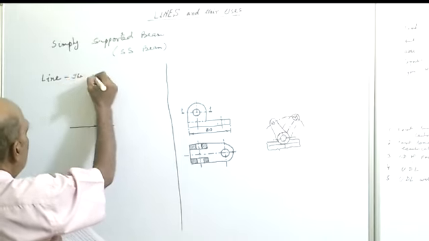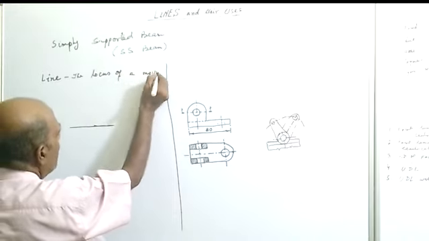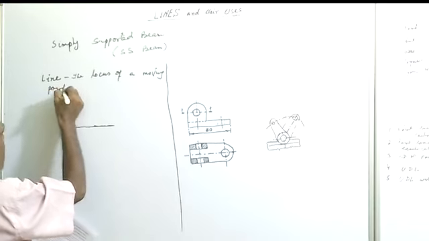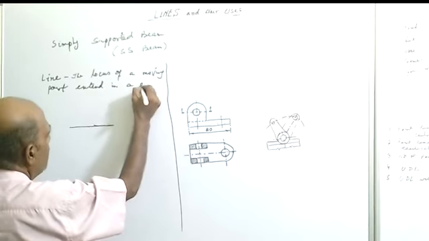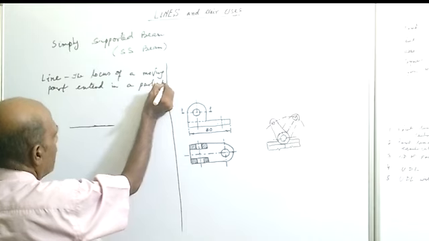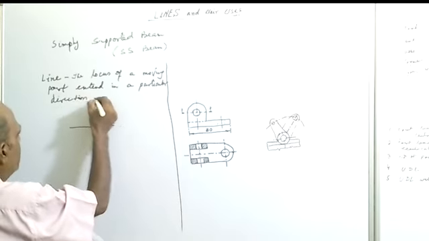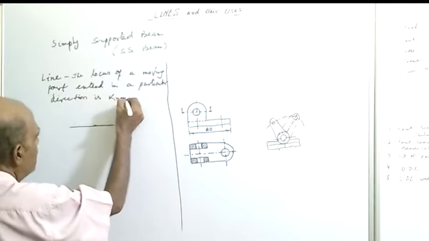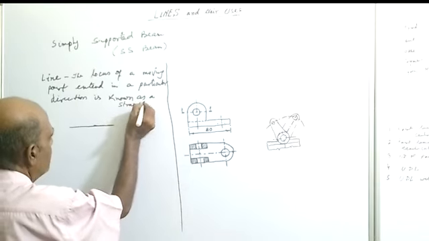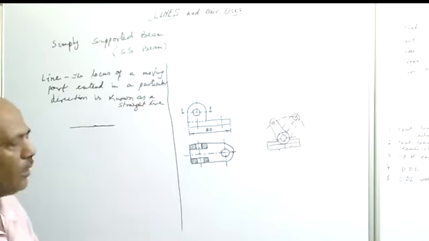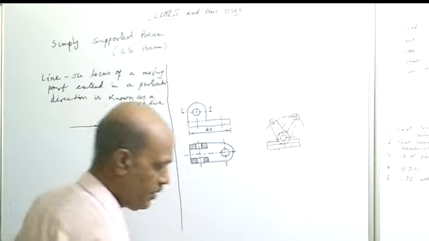So the locus of a moving point extended in a particular direction is known as a straight line.